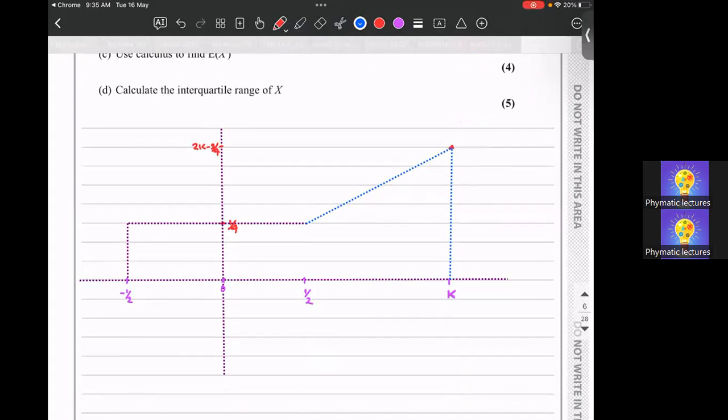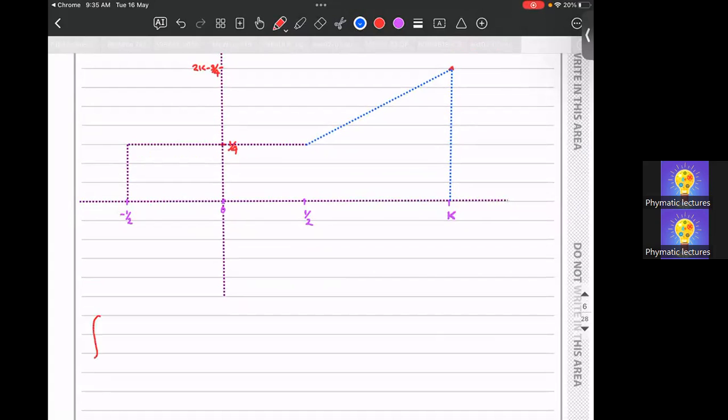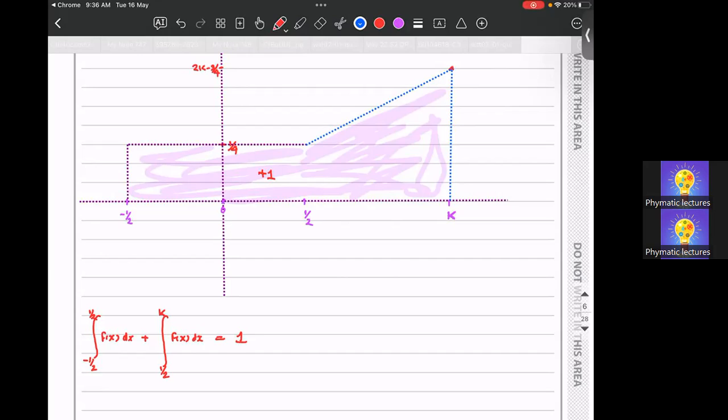The area under this graph, the integral of f of x dx from minus 1/2 to 1/2 plus the integral of f of x dx from 1/2 to k, gives the total area 1, because the area under the probability density function is always, sorry, it's plus 1. The area under this graph is always plus 1.